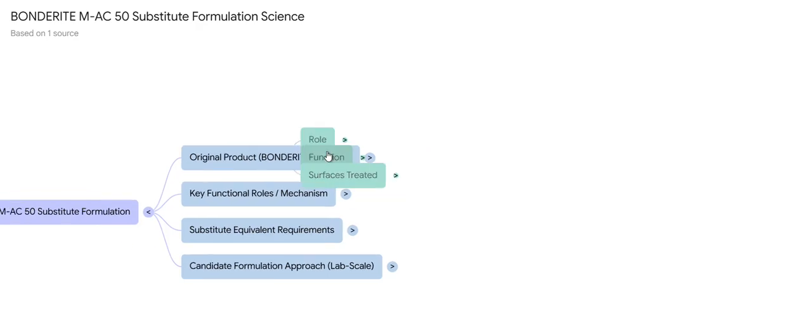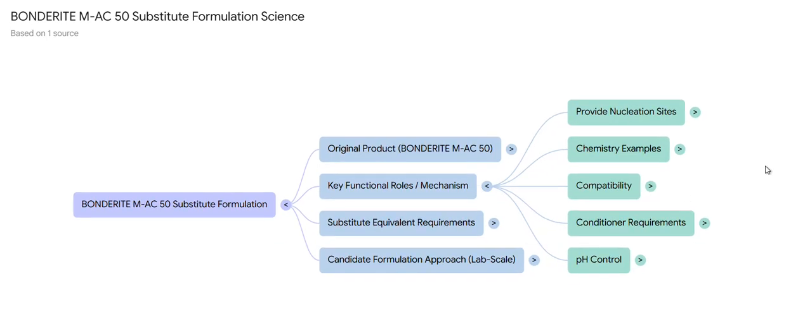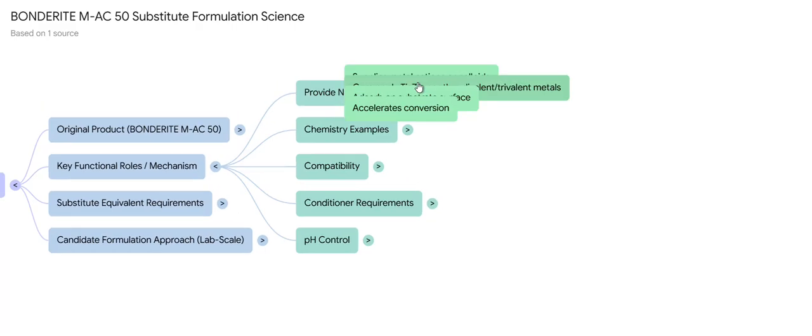Now, let me explain the key functional roles and mechanism. So here, actually, it provides nucleation sites. Let me explain the chemistry examples, compatibility, then conditioner requirements, and pH control also. At the outset, I'll explain the provision of nucleation sites, how it is happening.